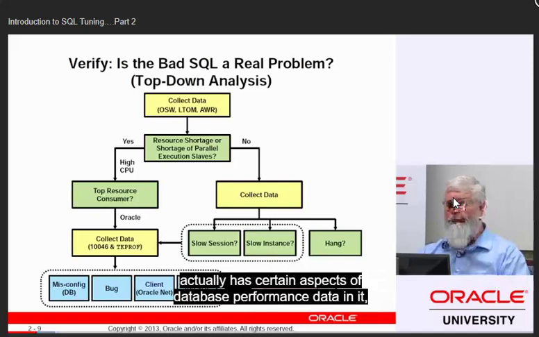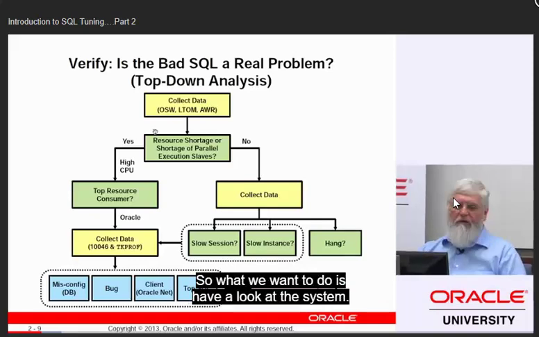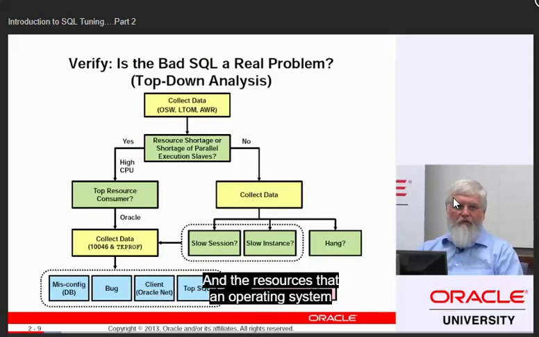So what we want to do is have a look at the system. Are we experiencing a resource shortage? The resources that an operating system supplies to a program, and a database is nothing more than a sophisticated C program, are CPU, memory, and I/O.